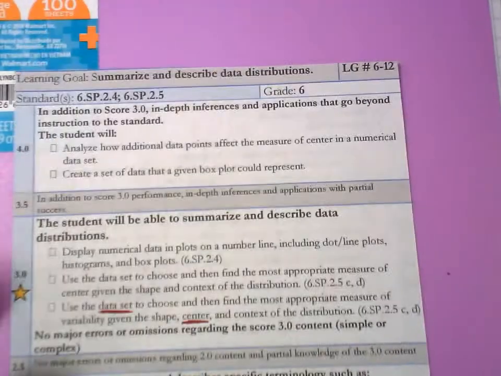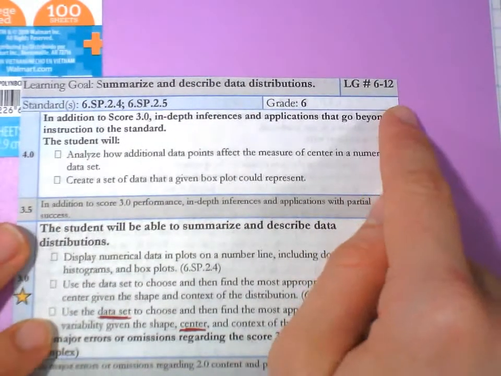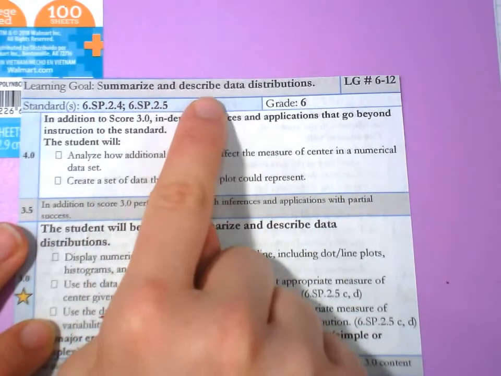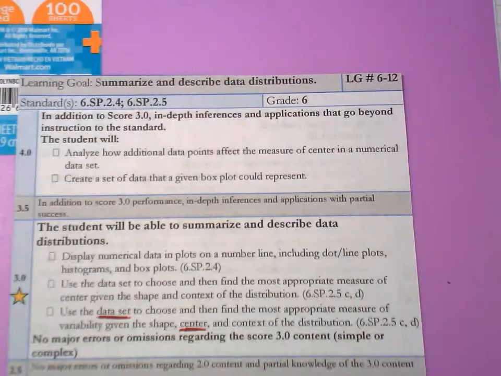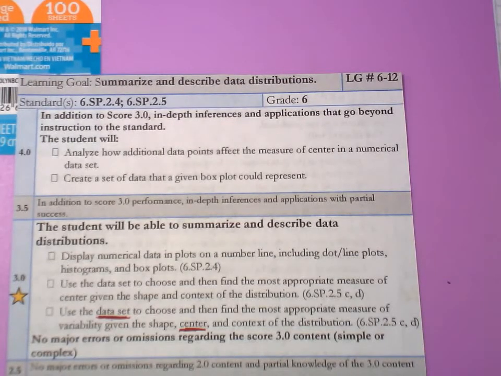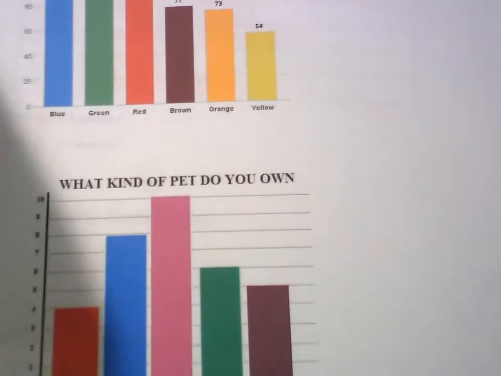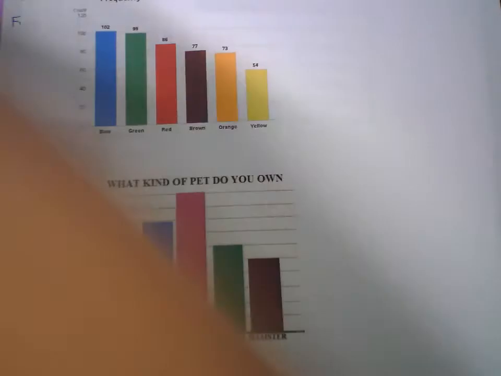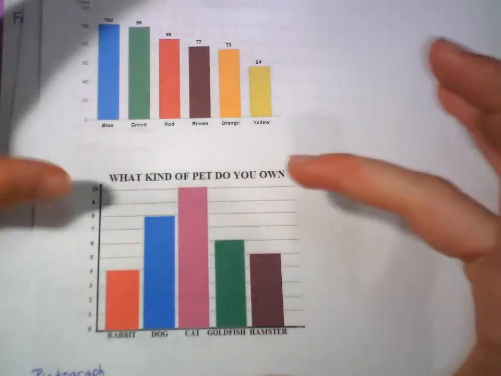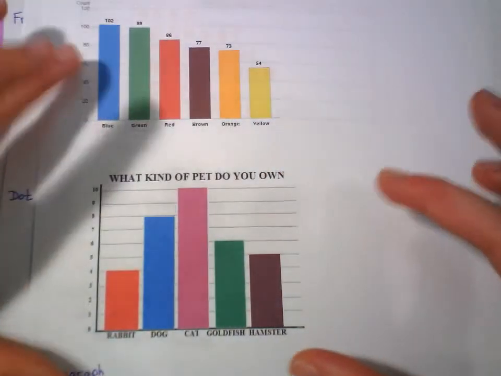Now, why are we still on the 6th grade standard? Why are we still on summarizing and describing data distributions? Because the 7th grade standard, you will see, is when we are given more than one display and you have to compare them.